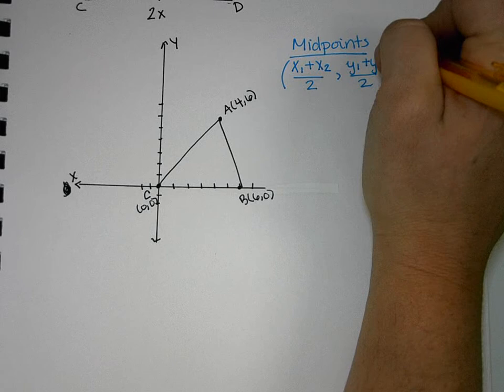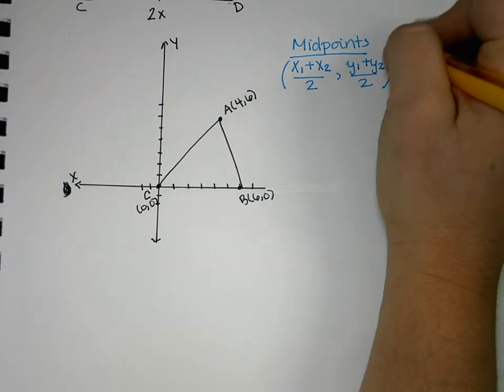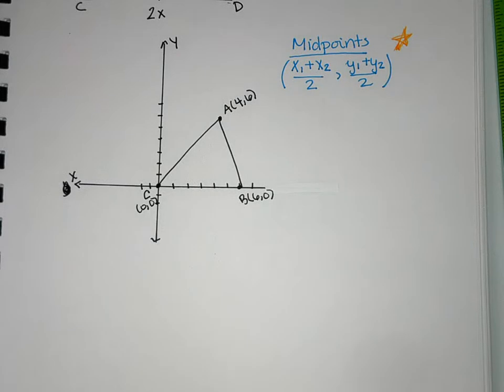This is a formula that you have to know. So you want to star that so that you remember you have to know that by memory when it comes to your test.